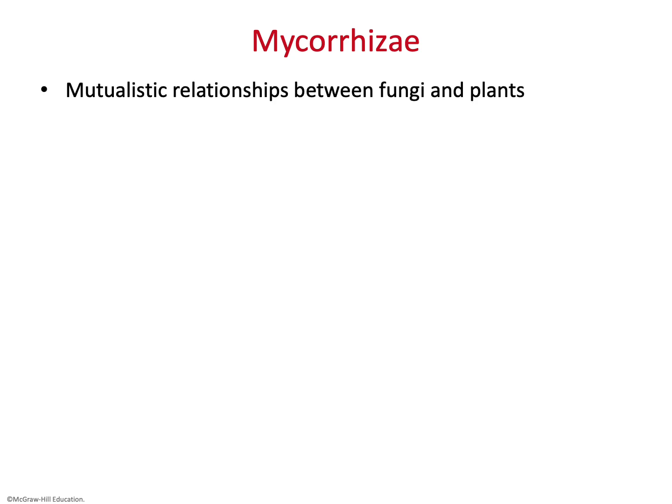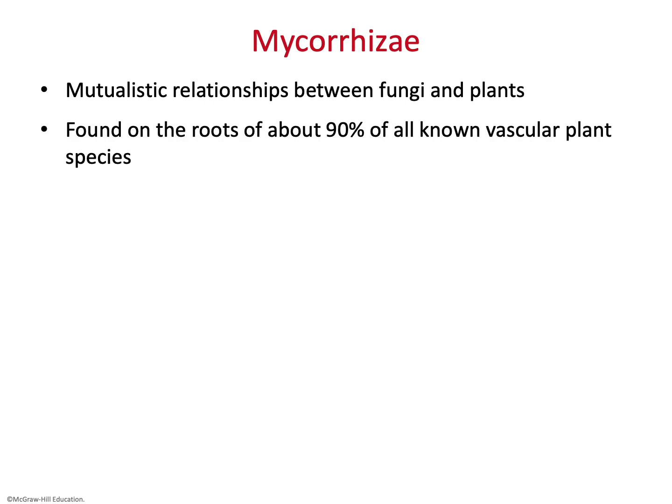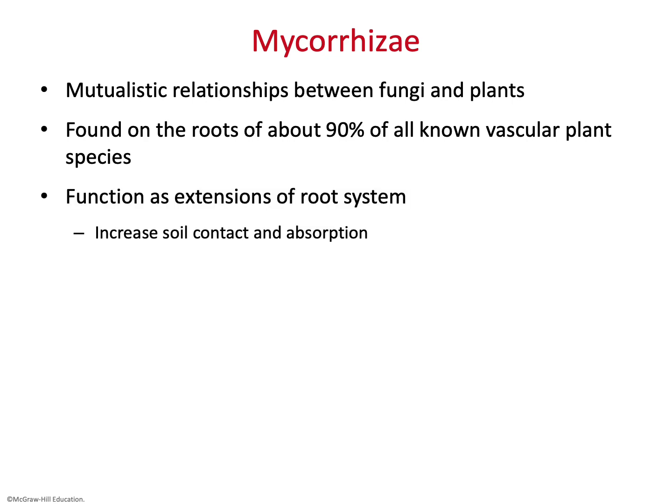Now we are going into another type of relationship: fungi that have a symbiotic relationship with the roots of plants. In this type of relationship, the fungi are called mycorrhizae. Mycorrhizae are fungi that form a mutualistic relationship with plant roots. About 90% of all plant families have a form of obligate symbiotic relationship with fungi called mycorrhizae.